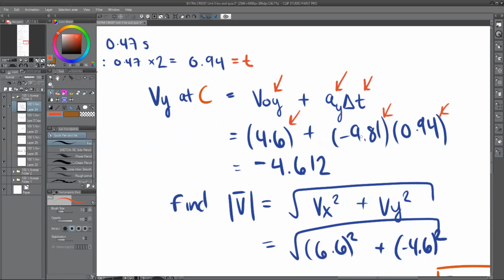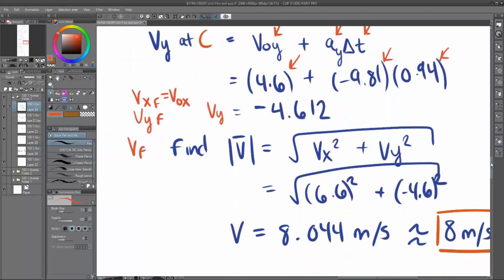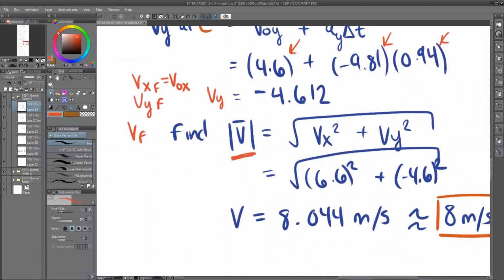T, you plug that in, and you get Vy. Now, it's not asking for the Vy final. It's asking for V final. We know Vx final because it's the same thing as the V0x that we already solved for. So this is where we can find the V final.